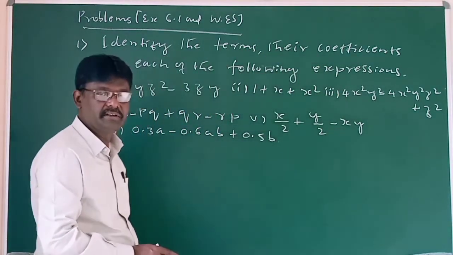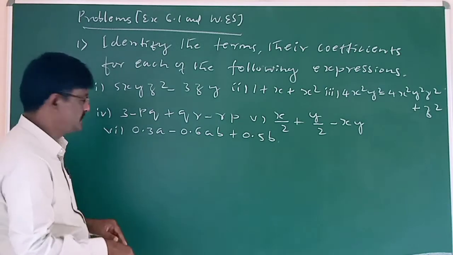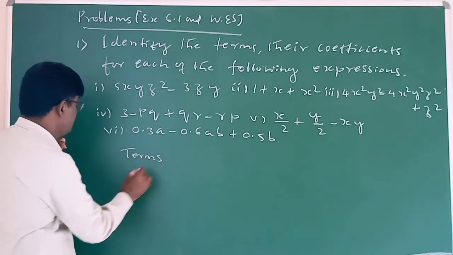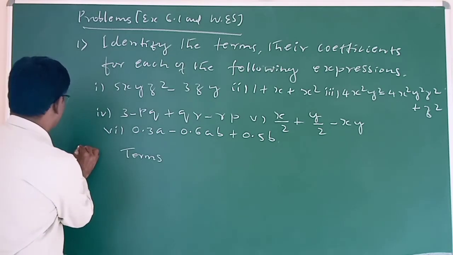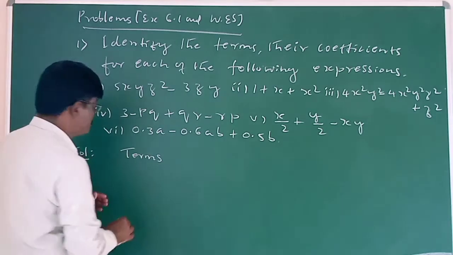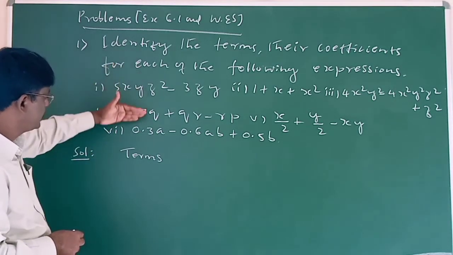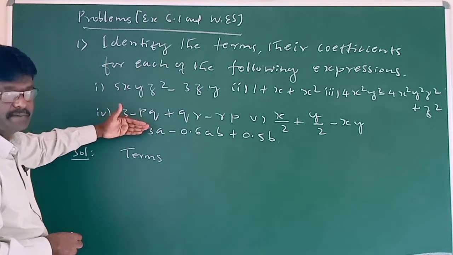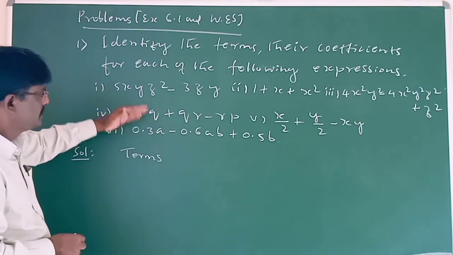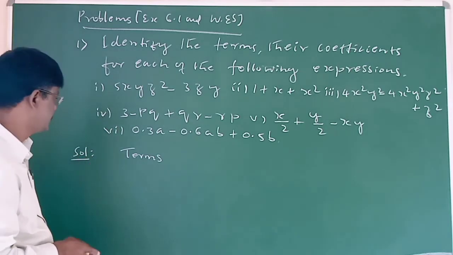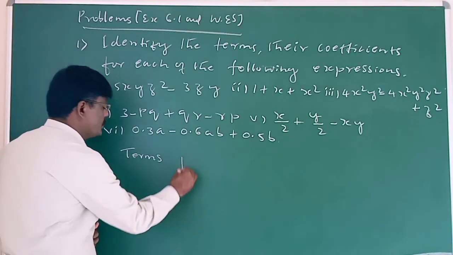So we shall put it in a box. Better we write Solution here, since the note is already there, and it is difficult to make out which is the question and which is the answer. In such cases, we write: terms and coefficient.